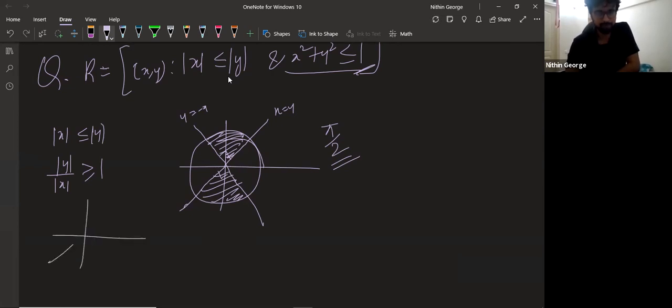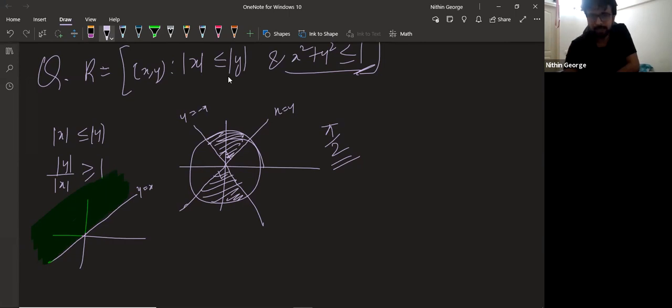So just take the line y equal to x. Which region are we talking about? The plane will be divided into 2 regions here, one on this side, the other on the other side, right? So which of these regions are we talking about when I say mod y by mod x greater than or equal to 1, or mod x less than or equal to mod y?